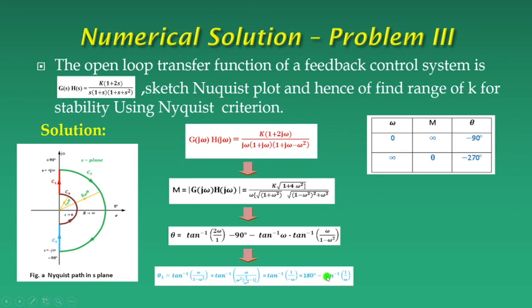Then theta 1 equals 180 degrees minus tan inverse 1 by omega. Putting omega equal to infinity, this value is minus 90 and this is minus 90, and the equation is 180 degrees minus tan inverse of infinity, which means 90. So this answer is minus 270.